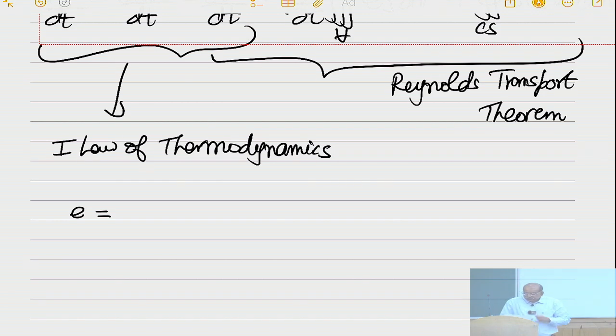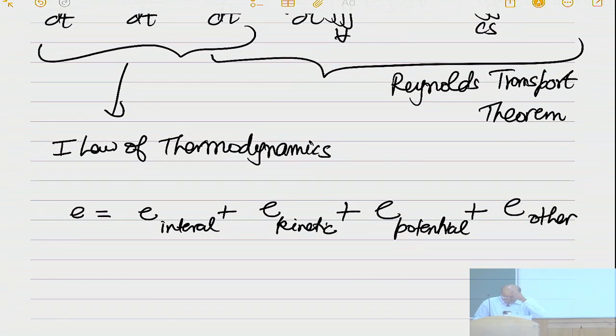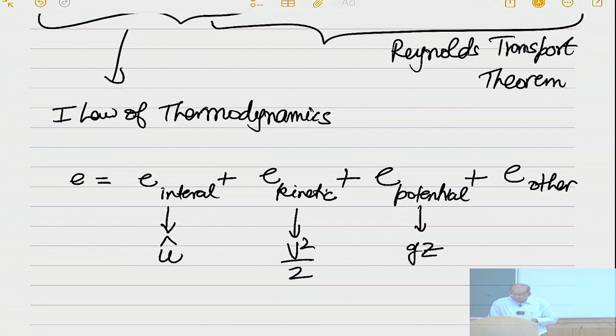Now the specific energy which we talk of consists of the internal energy plus the specific kinetic energy plus the potential energy plus other quantities. The internal energy, we use the symbol u. Specific kinetic energy will be V squared by 2, and the specific potential energy will be g times z.